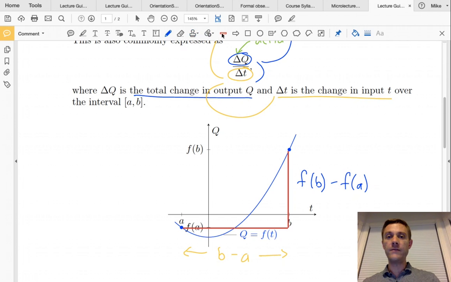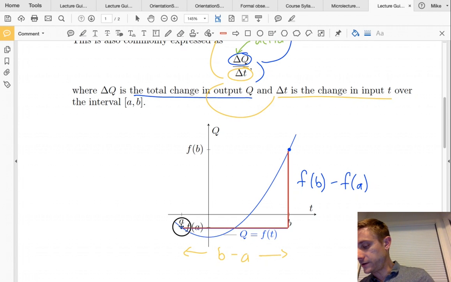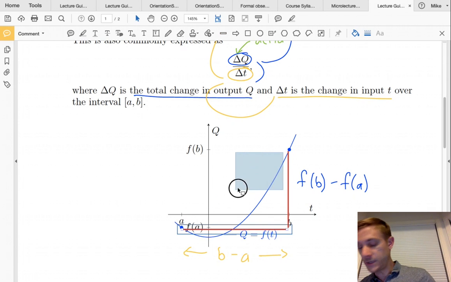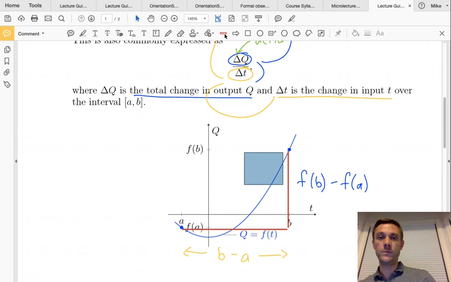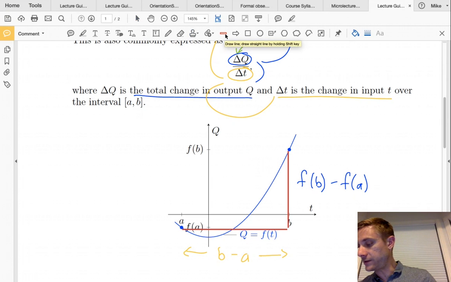And so the average rate of change is taking the ratio of these things, this function output difference divided by this input difference. And one cool thing that does for us is it gives us an interpretation for this little line segment that connects the two dots directly.